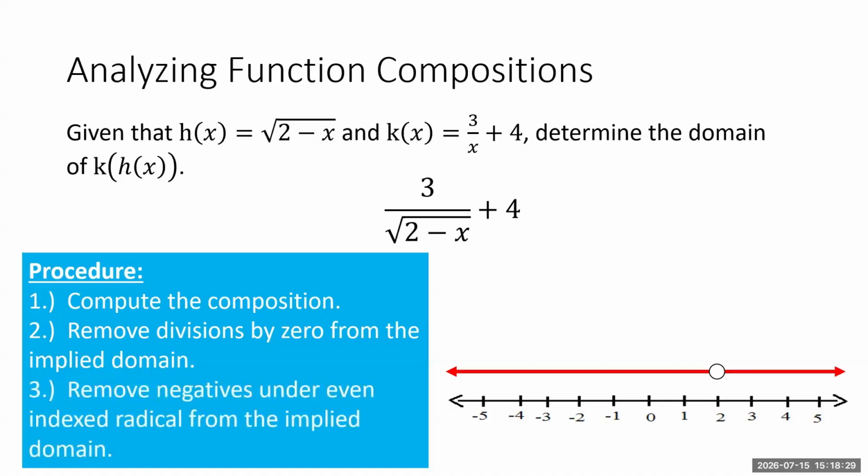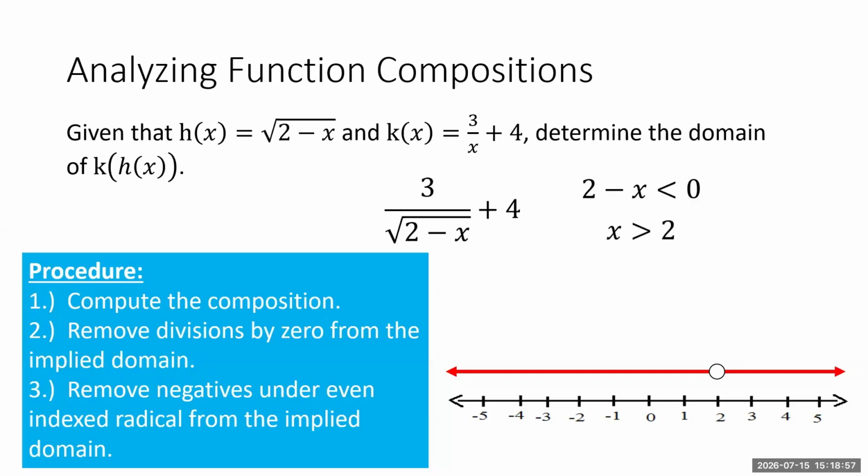Next, we will remove negatives under even-indexed radicals from the implied domain. Since we have a square root, its implied index is 2. Thus, we cannot have a negative number under that radical. So we do need to solve the inequality 2 minus x is less than 0. This will tell us where we would have negatives under the radical with even index.